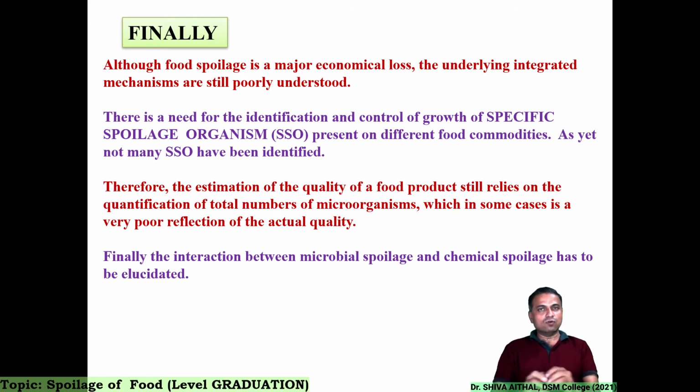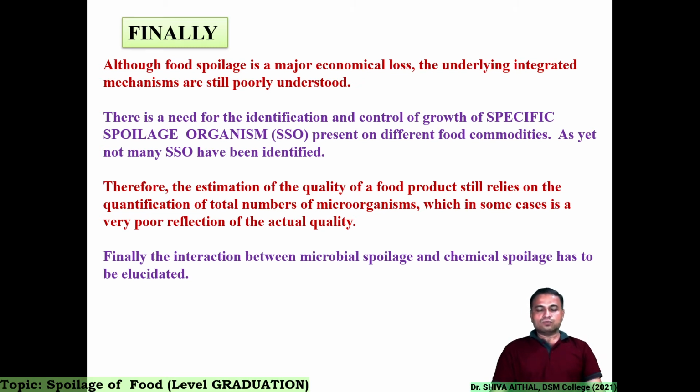So in a food, what is the easiest way to determine the quality of a food? DMC, maybe SPC. Bring the food, see the number of microorganisms in the food and say that the more microorganisms there are, the worse is the quality of this food. But this does not apply to those foods which are basically harboring microorganisms like lactic acid bacteria in curd.